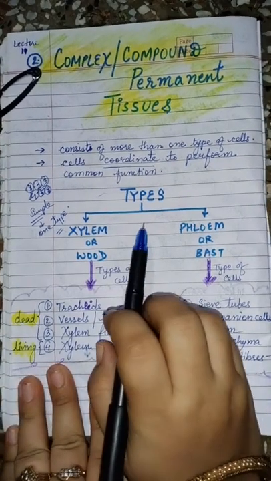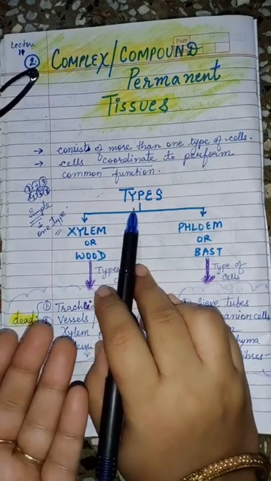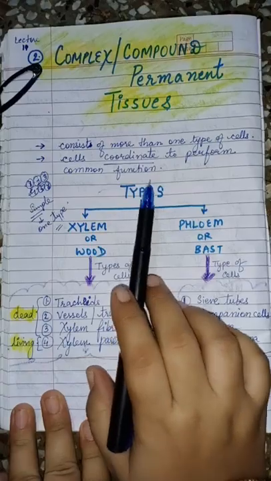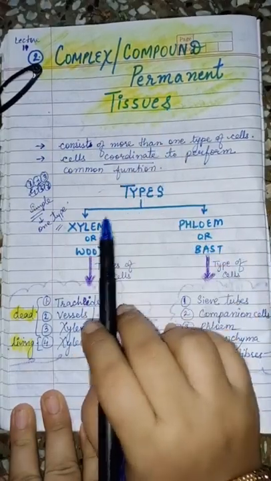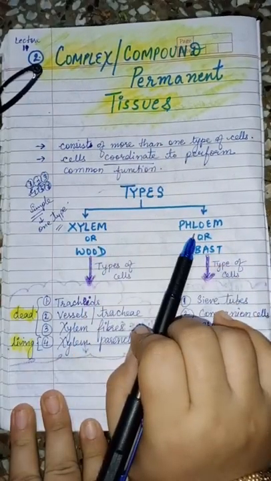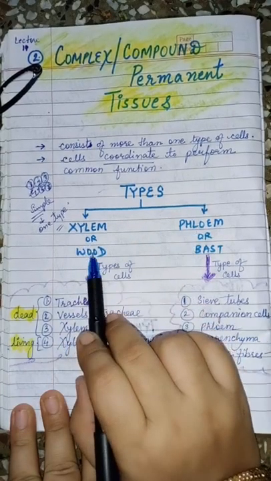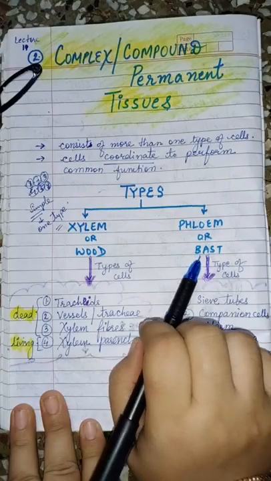Okay, so as simple permanent tissue have types, similarly complex permanent tissues have two types or categories, xylem and phloem. Xylem or phloem or wood or bast.